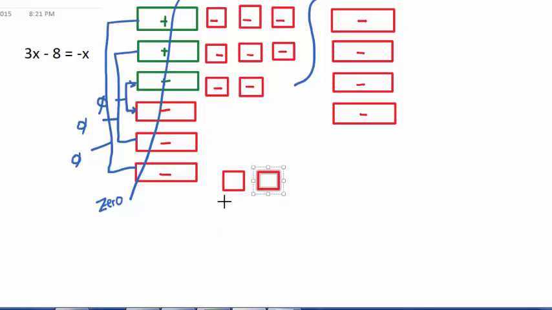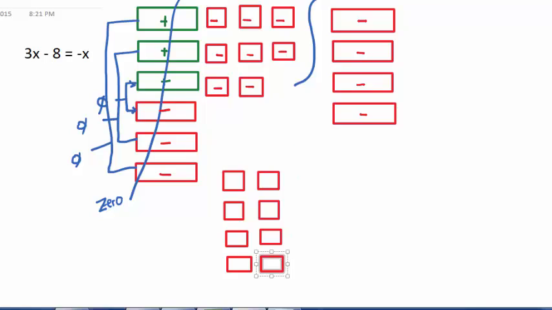I have to distribute the 8 between the 4 variables. So this is the best way that I can do it. And don't forget to mention the sign.